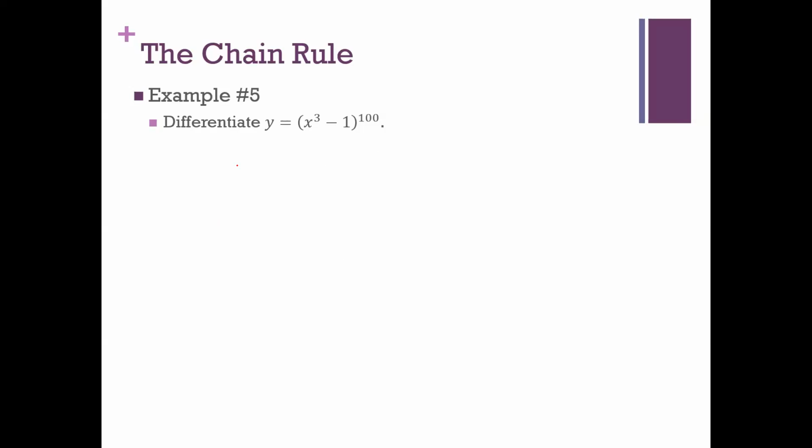Let's try 2. So let's say that y is equal to g of h of x. So if I'm saying that that is the case, then we should probably talk about what g and h are. What is g of x?